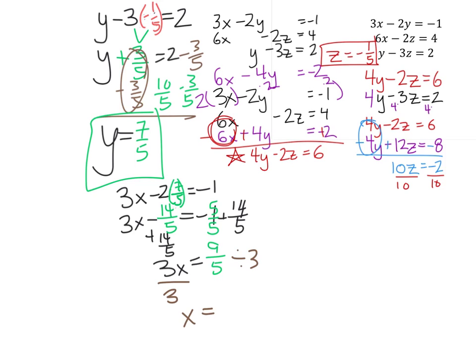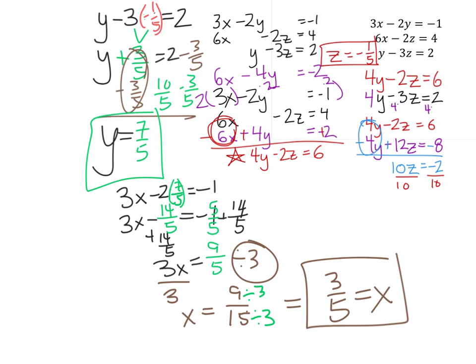So x in this case, we don't usually divide with fractions. You would reciprocate the 3 and then multiply. So that would give us 9/15, which would then simplify by dividing both of these by 3. And then we would have 3/5 for our x.